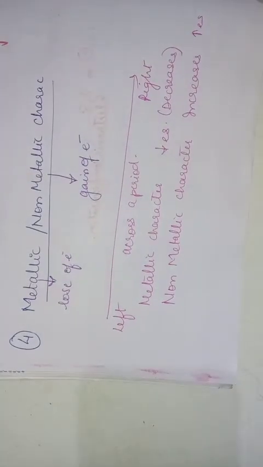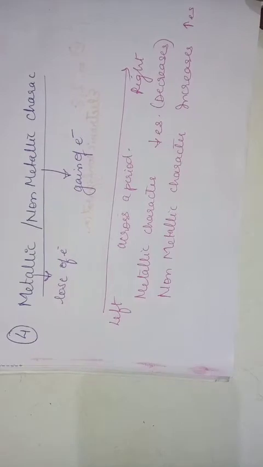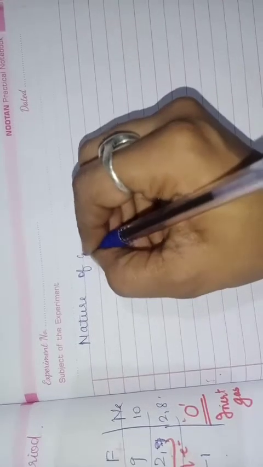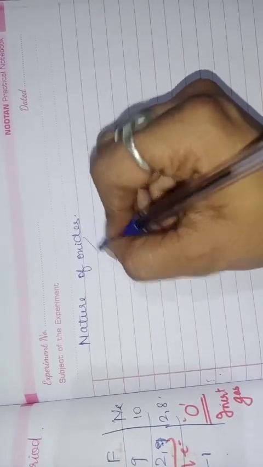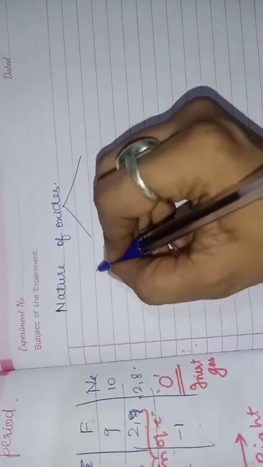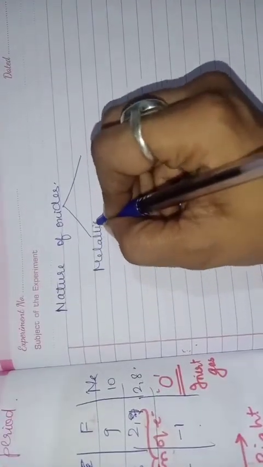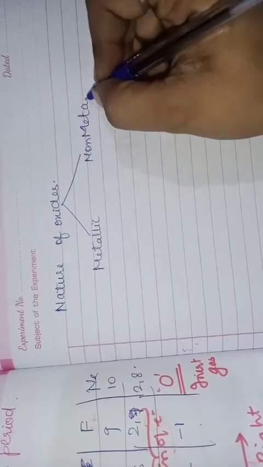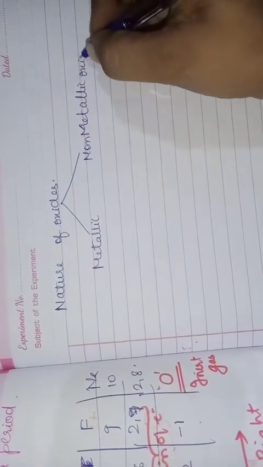Okay children. Now the last variation is the nature of the oxide children. Nature of oxide. Now this is also very important. I have already discussed. Now these oxides can be of two types: metallic oxide and non-metallic oxide. Okay children.